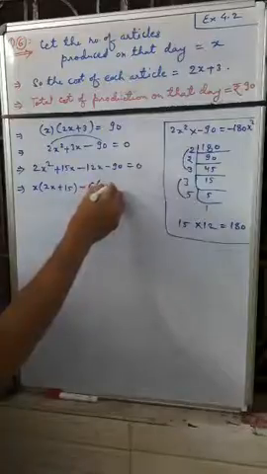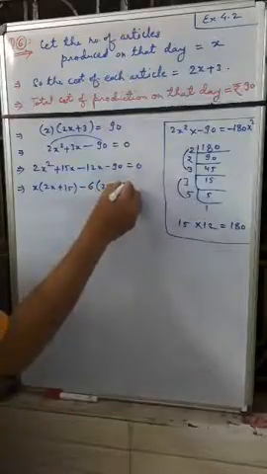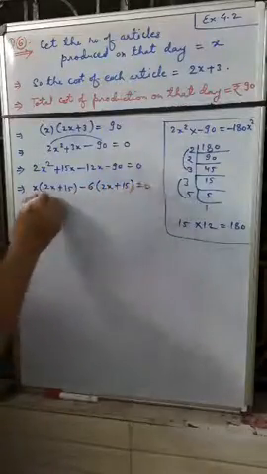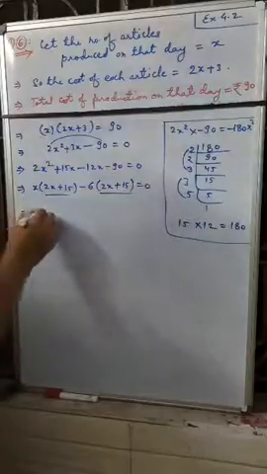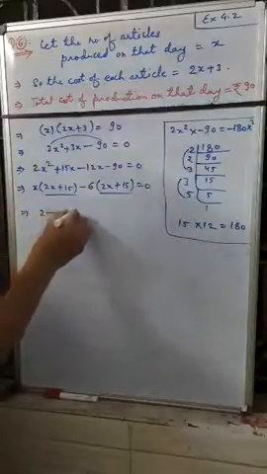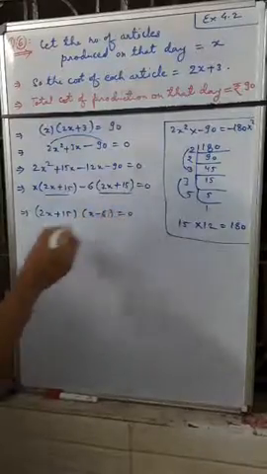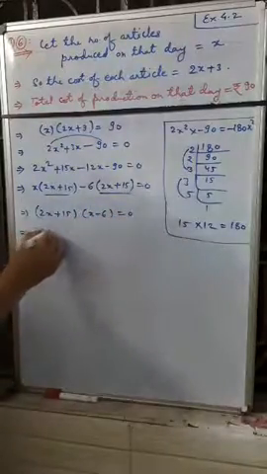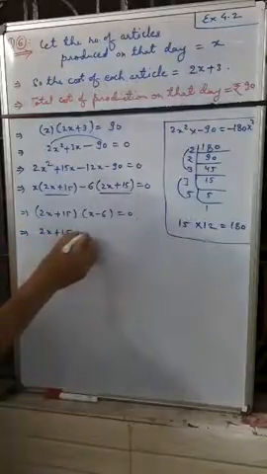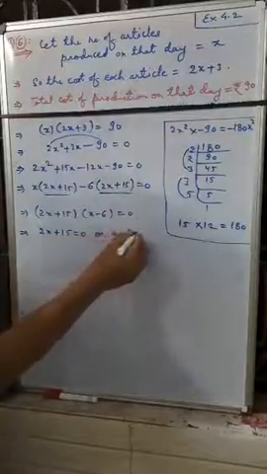So 2x plus 15 you can take common, 2x plus 15 and one more x minus 6 is equal to 0. That means 2x plus 15 is equal to 0 or x minus 6 is equal to 0.